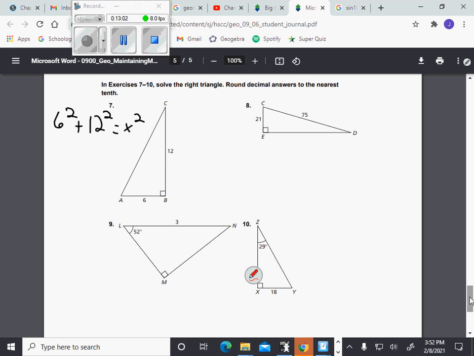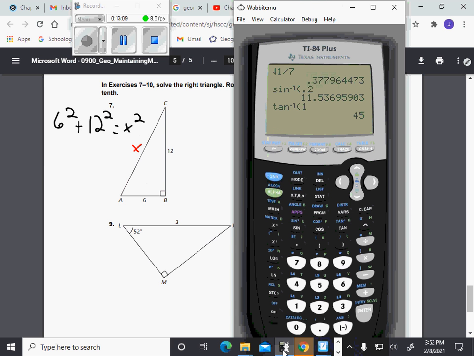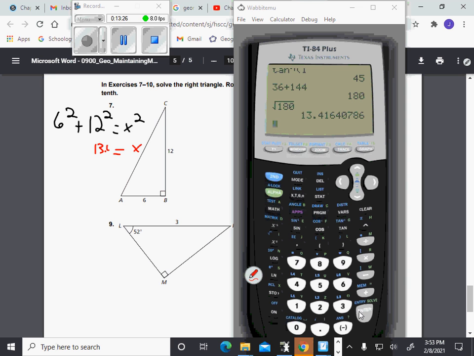Use a different color, make it easier to see. Okay, we're going to type this into a calculator. We have 36 plus 144. That's equal to 180. The square root of 180 is 13.4. So x is equal to 13.4.